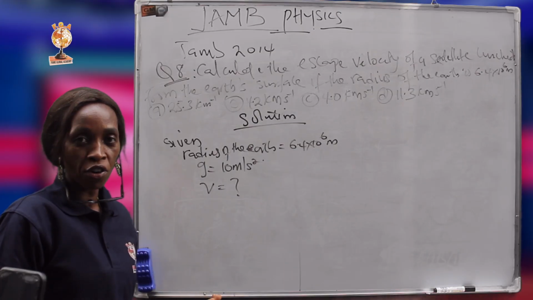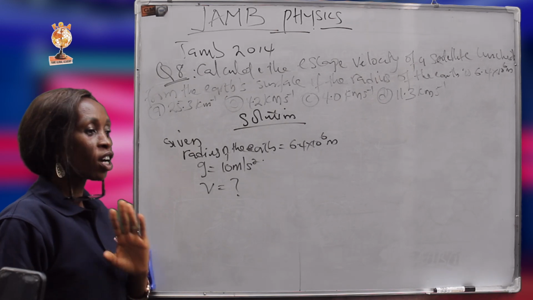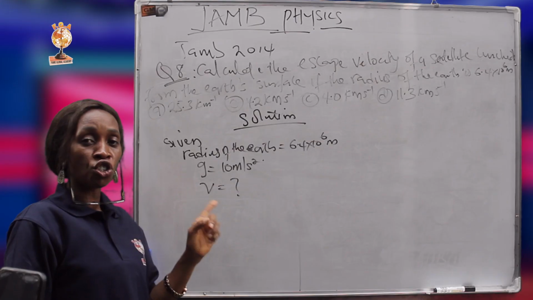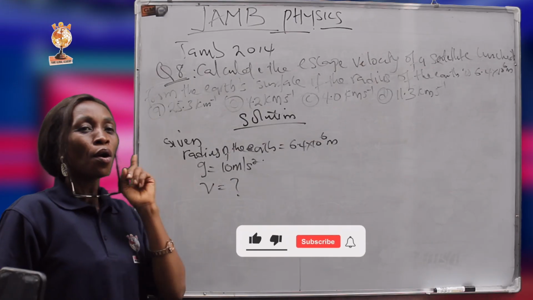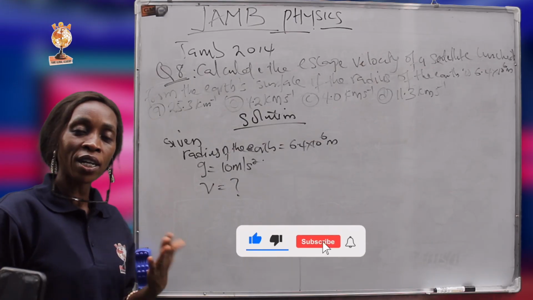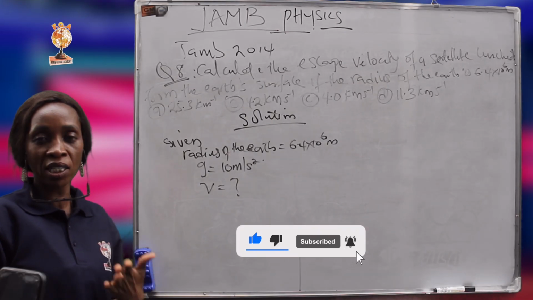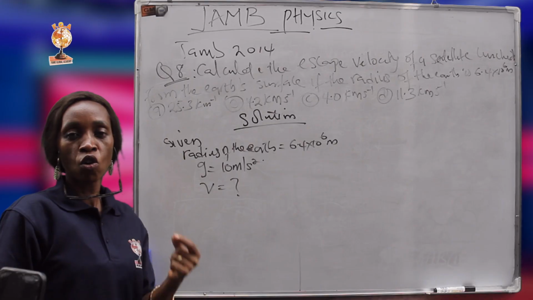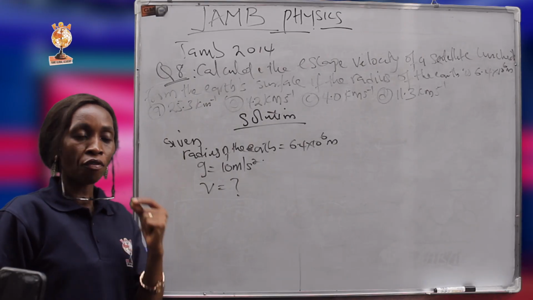You don't look for it. If it's not given, you should know as a student that acceleration due to gravity, small g, is always 10 meter per second square, or 9.8 meter per second square, as the case may be. It is a constant value.